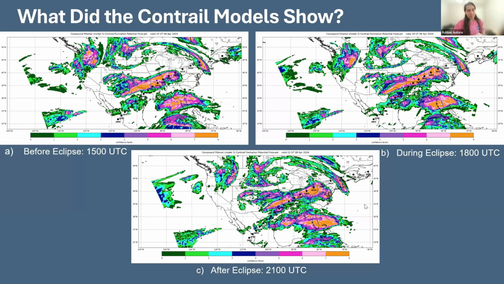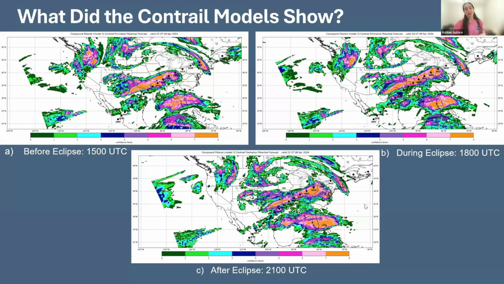That doesn't mean a contrail will form there, but it just gives us an indication of what was most likely happening in the atmosphere at the time. So in areas where you see orange and pink, that represents a greater likelihood of contrails forming. The blue and green represents a lower likelihood of contrails forming.